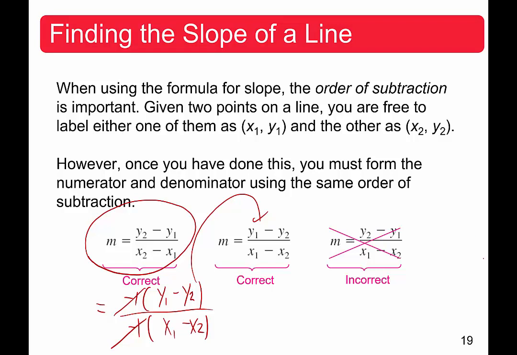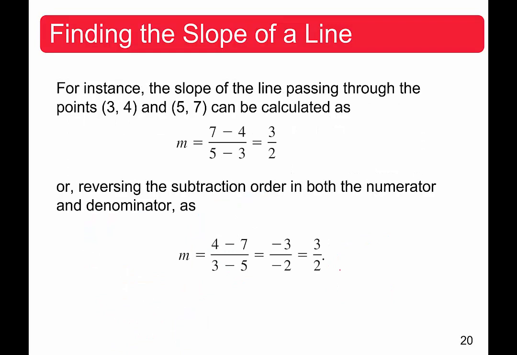But you have to change the order on both top and bottom. You cannot just change the order on the bottom and leave the top as it is. Then this is not equivalent, so this is an incorrect formula. So just pay attention to this algebra transformation.